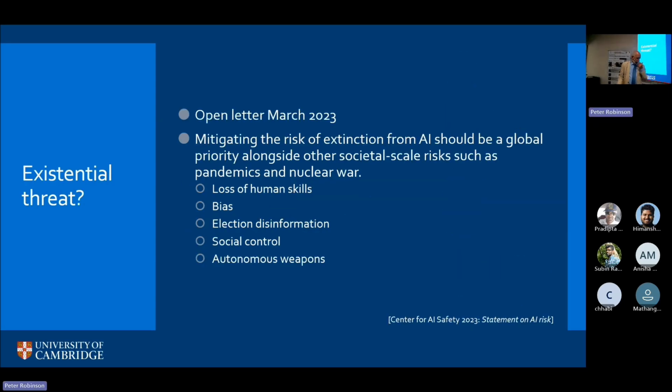So perhaps we ought to just wonder, is there an existential threat from artificial intelligence? Well, it's not the robots becoming sentient and exterminating us, but there are real risks with all of these systems. We lose human skills when we rely on automatic systems too much.